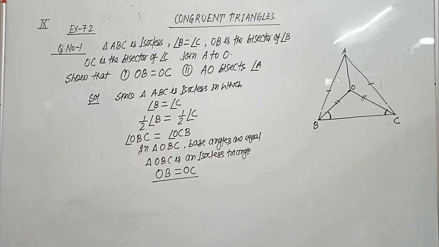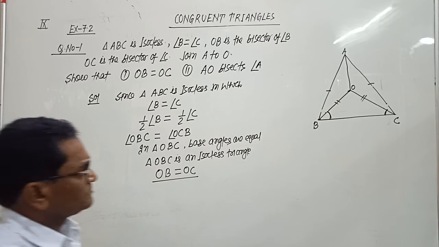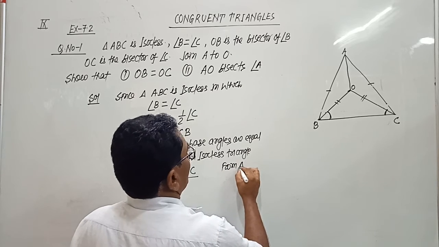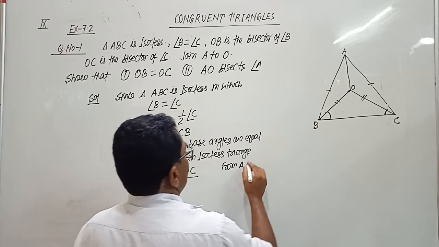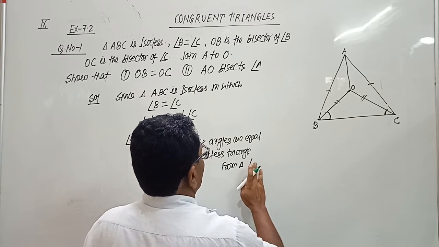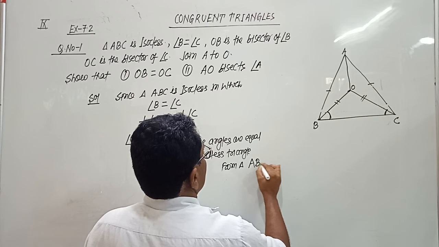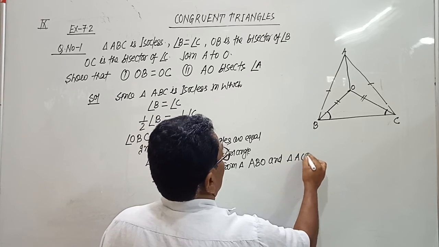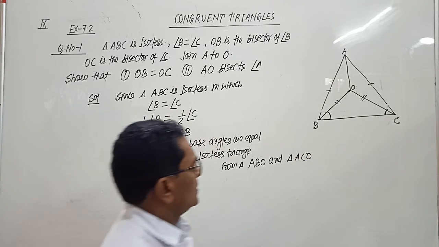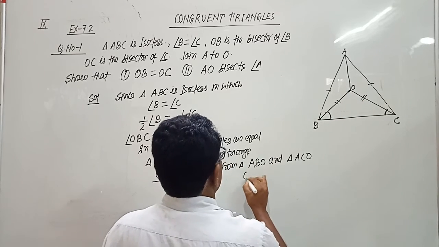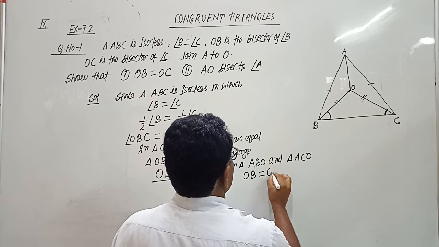Now for the second part, we take two triangles, triangle ABO and triangle ACO. We have proved that OB equals OC.